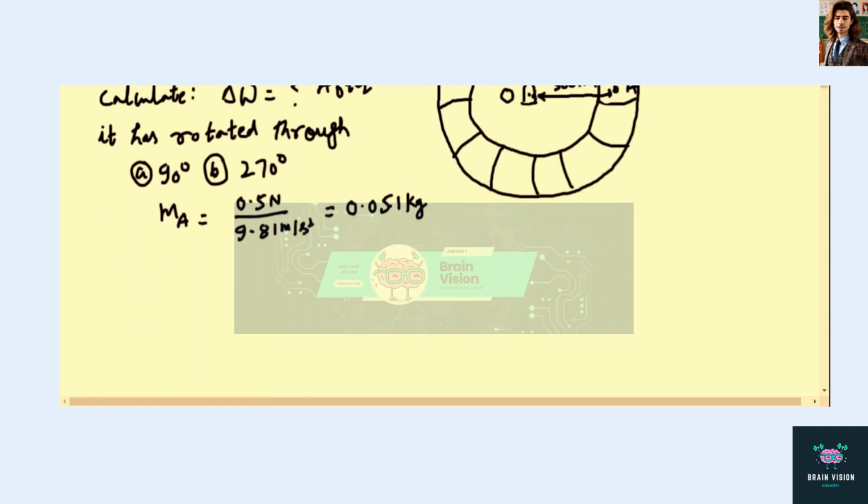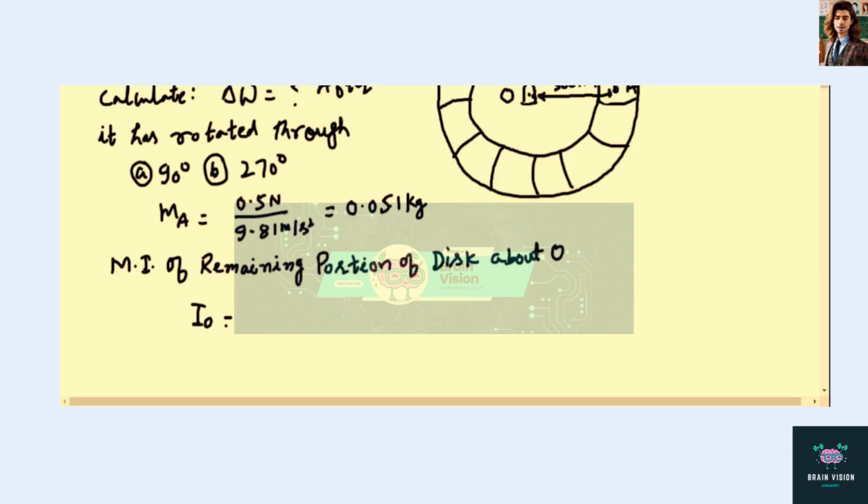Moment of inertia of the remaining portion of the disk about O is M turbine into K square minus mass of the blade removed from A into R2 square.